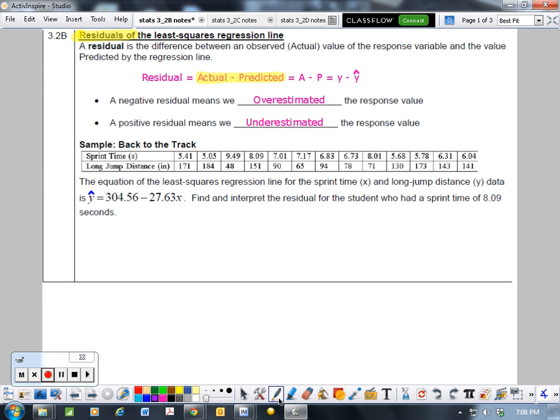When we're looking at our scatter plot, if this is my prediction line and these are my dots, then my residual would consist of this difference right here. My predicted value is here, my actual value is here. So if I do actual minus predicted, I get a positive residual. Anything above the line is a positive residual.